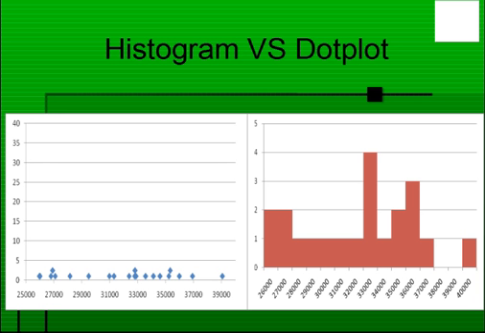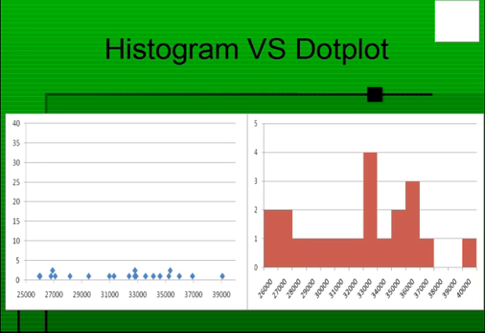So you can see that in the dot plot you can see some clusters as well, and these clusters are highlighted in the histogram. Basically, in the histogram, when there are a few points that are close together, then they pick up some length, and you can see that highlighted.